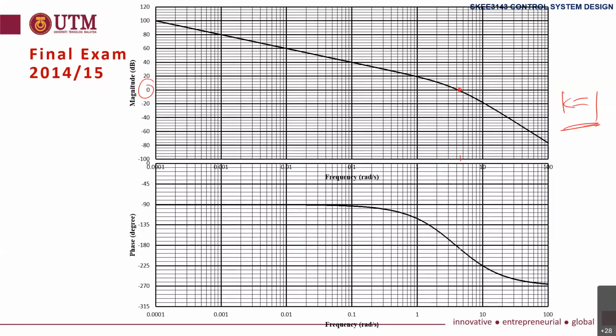The phase is here, more than 180 degrees. So 1, 2, 3, 4, 5, with 9 degrees per box.